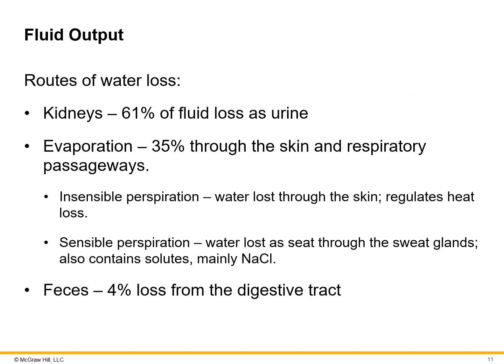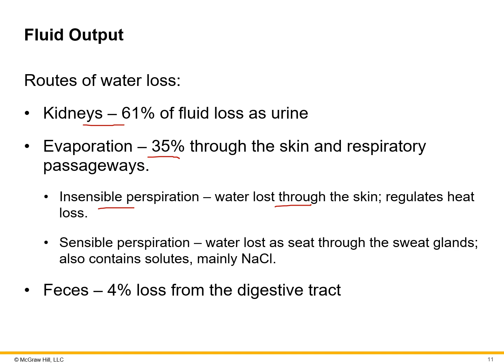Now for the output, of course, our kidneys are the main excretory system, so about 61% moves out in urine, but we also have evaporation. Of course, that can change if we're sweating and exercising, as well as other respiratory ways. So we have insensible perspiration, which is water loss through the skin to regulate heat loss, so again, if we're exercising and releasing heat.